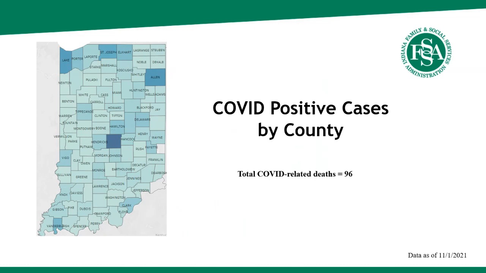So then in looking at the total COVID positive cases by county, that is our data reflected in this map, so you can see where those concentrations of cases are falling throughout the state. It's the same data as of November 1st, the same 3,928, and you can see the darker counties obviously represent the higher concentration of cases throughout the state.